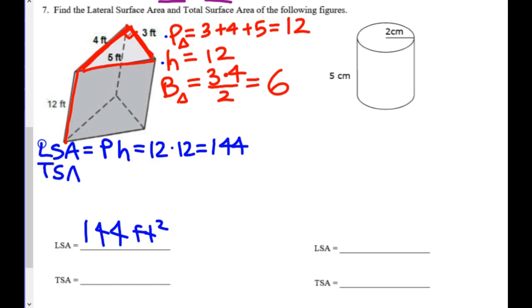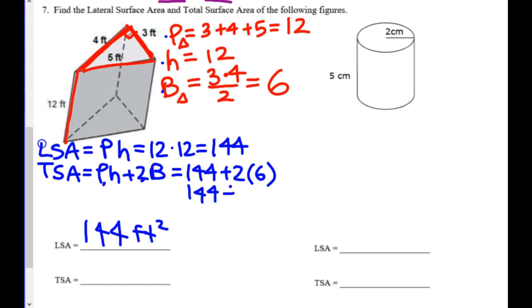TSA, total surface area, is supposed to be PH plus 2 capital B. Now, does everyone notice that we already did PH, right? We know PH is 144. So when I put this equals, it's going to be equal to 144 plus, and then 2B is going to be 2 times B, which is 6. What is 2 times 6? 12.